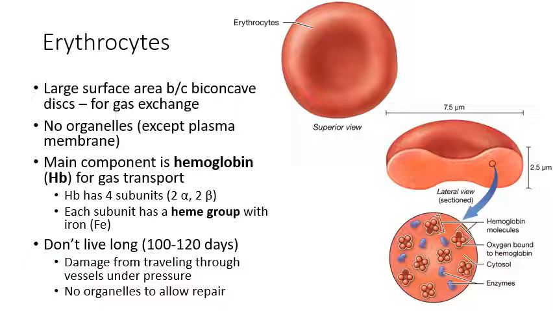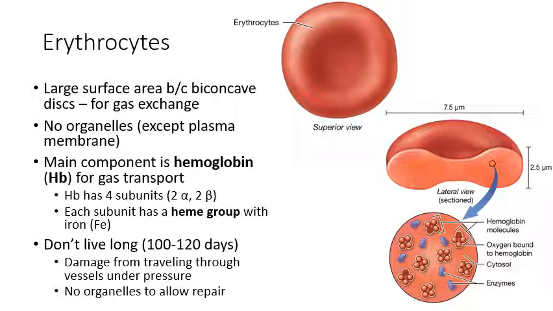Every hemoglobin has 2 alpha subunits and 2 beta subunits. Then every one of those subunits has what's called a heme group. A heme group is not actually protein, it's a different type of molecule that is attached to the protein subunit, and in the center of the heme group you have an iron atom. That's where oxygen would bind to the hemoglobin.